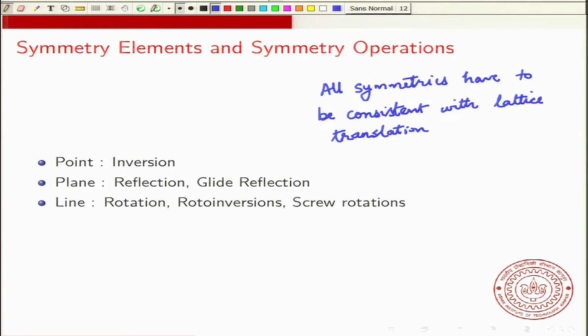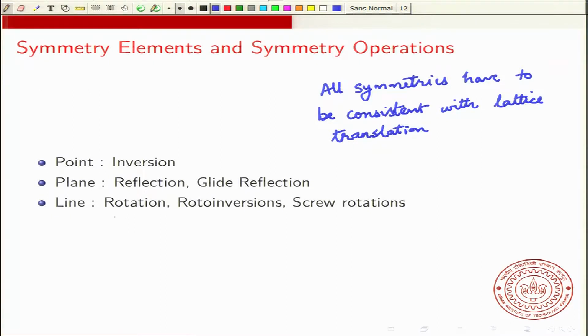This actually ensured that there are only a few types of rotations and a few types of reflections and so on. Okay, a few types of screw rotations, a few types of rotoinversions.